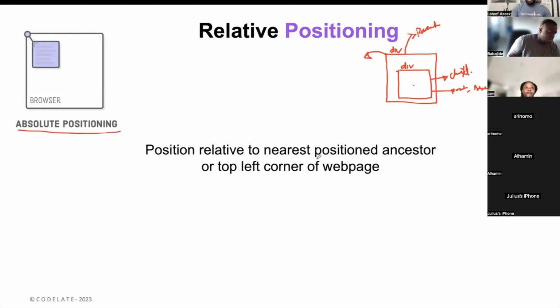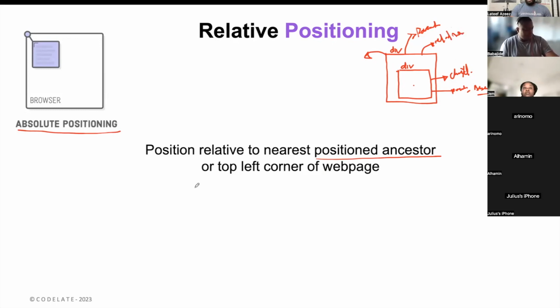That's what we call the positioned ancestor. But right now, the ancestor, which is the parent, has not been positioned yet. So for you to see this in effect, after you have set this to be absolute, you're going to set the parent to relative.